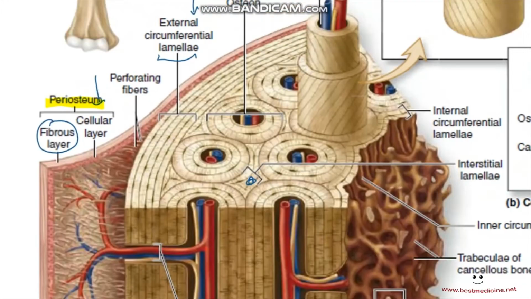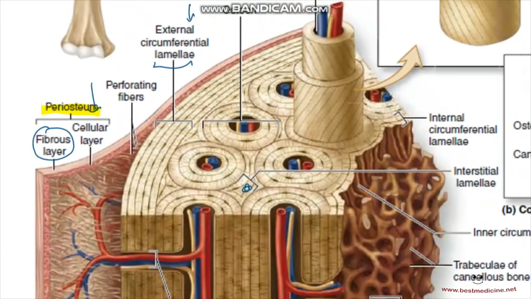So lining the very outside, we can see that there's an external circumferential layer, or we can call it lamellae, right? And that's the wording that they use for bone matrix layers. So we have some external circumferential lamellae right here.